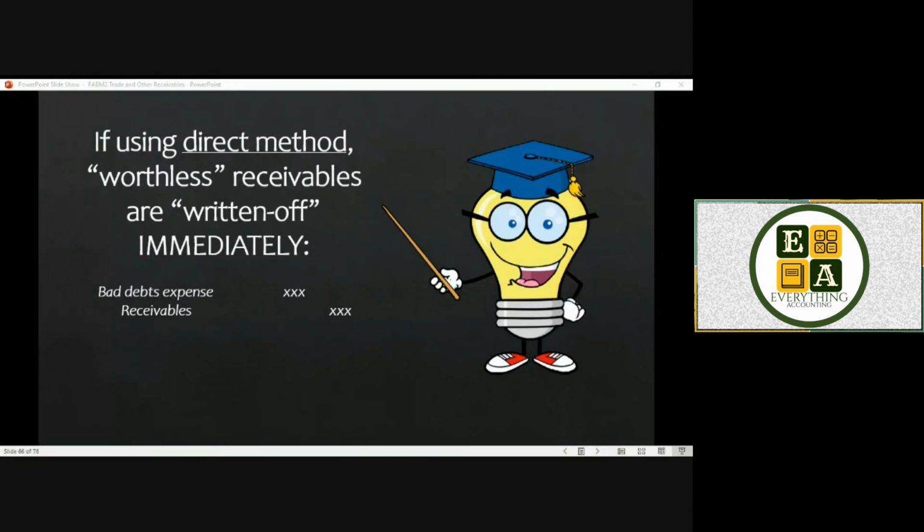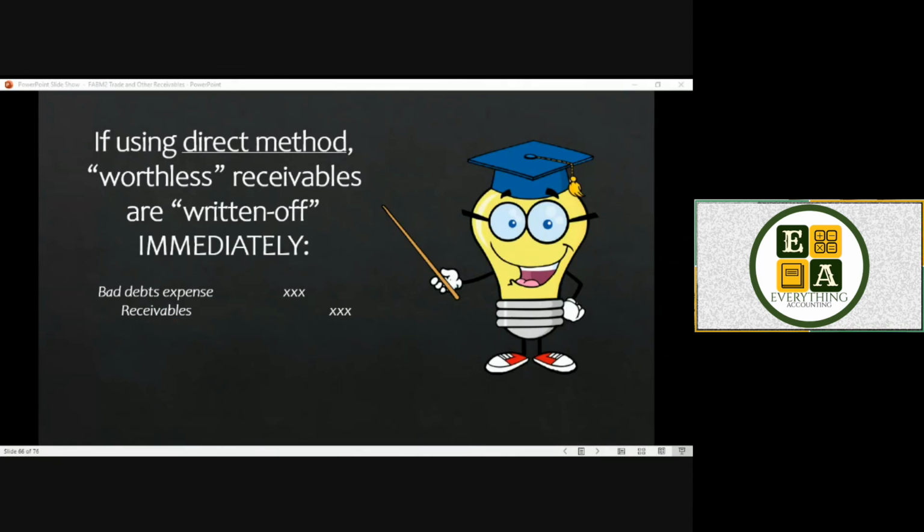If the receivable is doubtful, we do not set up an allowance under direct method. Okay? By that, because we are not setting up an allowance, we are not recognizing an expense at the moment that the receivable becomes doubtful. But upon determining or ascertaining that the receivable is already worthless, immediate write-off is needed.